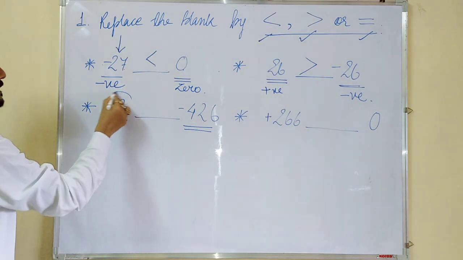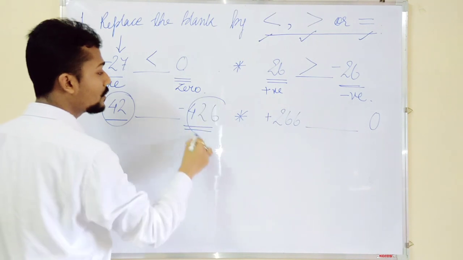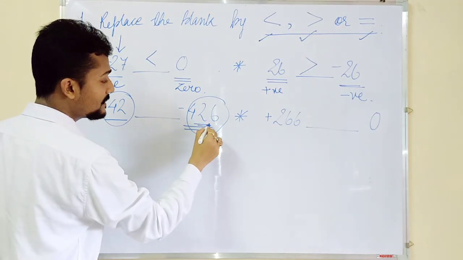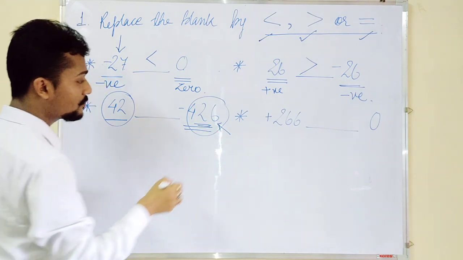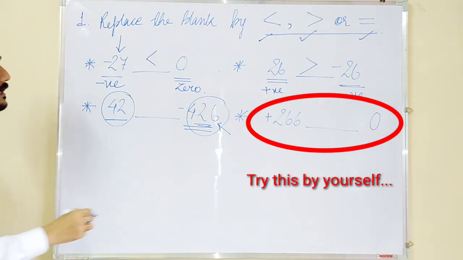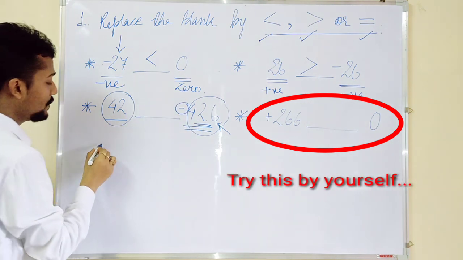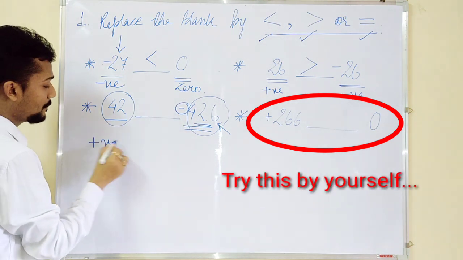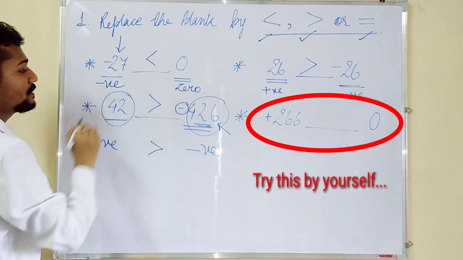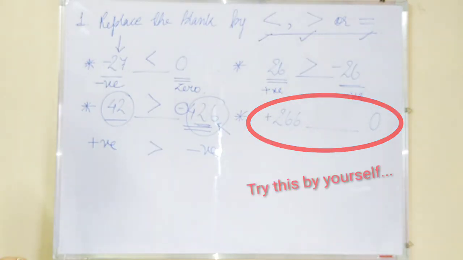If we see the magnitude of the numbers 42 and 426, which is greater? 426 is greater as per magnitude, yes or no? But if you see carefully, here there is a negative sign and we know that a positive number is always greater than a negative, isn't it? That means 42 is greater than minus 426.